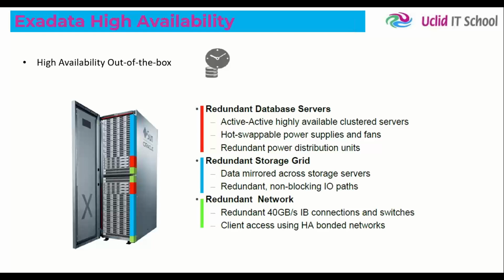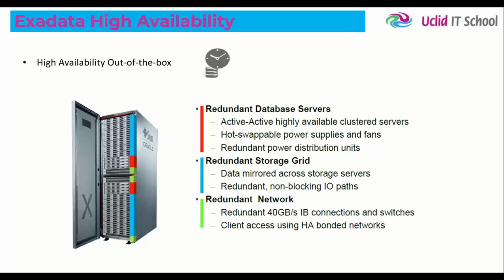Exadata comes with out of the box high availability features. You have redundant database servers, redundant storage servers, and redundant networks configured. All the database servers are configured in active mode and Real Application Clusters is installed, which will protect you from individual database server failures, and it allows you to add more servers at runtime.